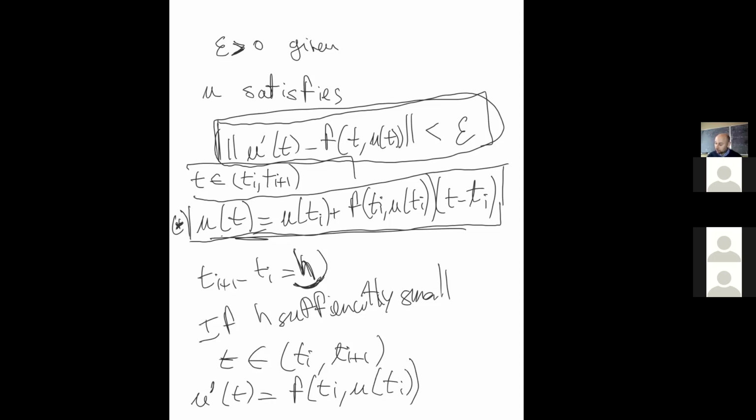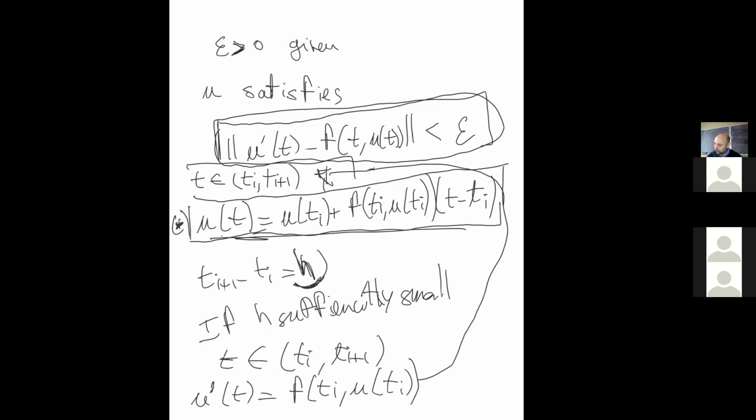All right, now I can plug that here, and try to prove that if h is sufficiently small, then this norm here is less than epsilon. So I can succeed in putting this quantity as small as I want. That's the point.